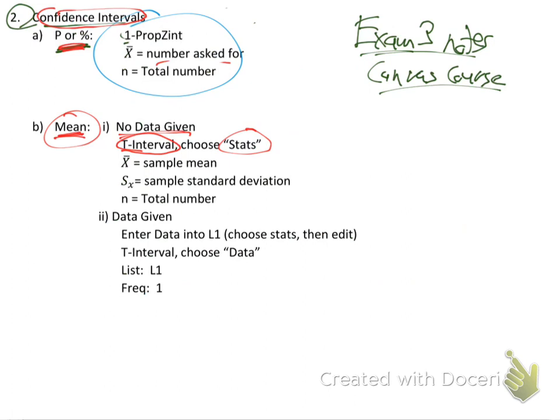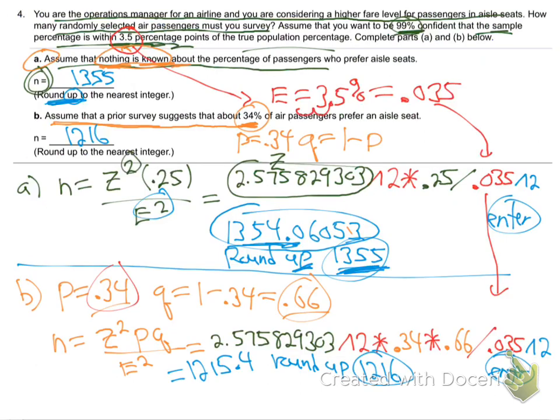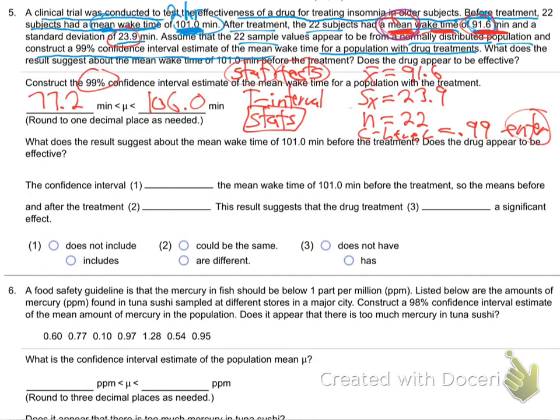If you have a confidence interval that's for a percentage, you do the 1 proportion z interval. If you have a confidence interval that's for a mean, you've got to do either this or we'll do the other one in a minute. No data given, t interval, choose stats, x bar, sx, and n. It's because it's for a mean, not a p, a percentage or proportion. It's a mean right here.